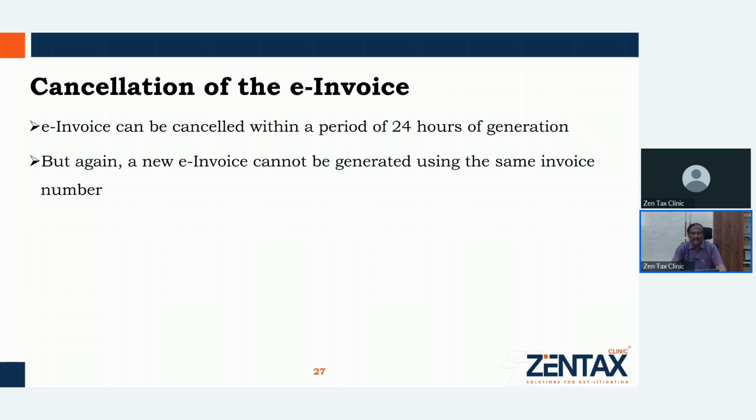You can cancel that e-invoice within a period of 24 hours of generation. You cannot make an amendment, you can just cancel that invoice. But once you cancel that invoice, you cannot generate an invoice with the same number.